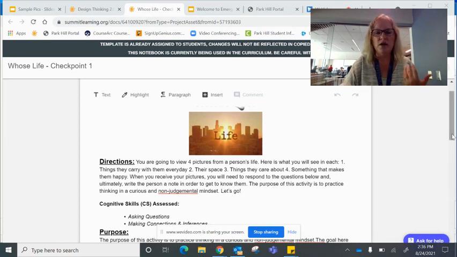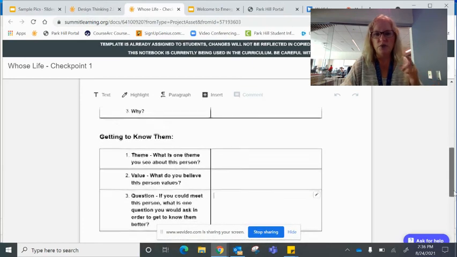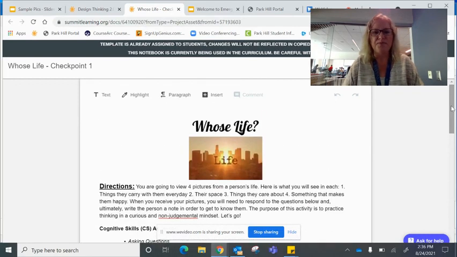For today, all you're doing is finishing 2 portions of checkpoint 1. If you can get down to the bottom of getting to know them, that's all you need to do for today. I will get you feedback on any questions that I see posted right there. Deal? That is what you're going to be doing for today.